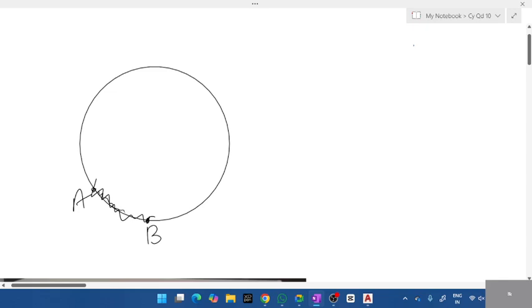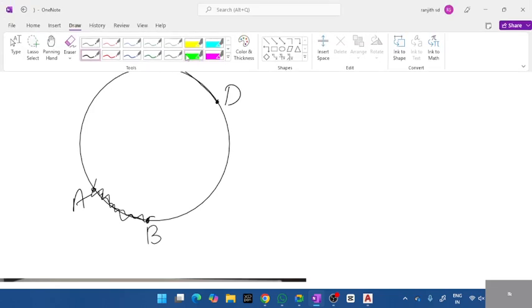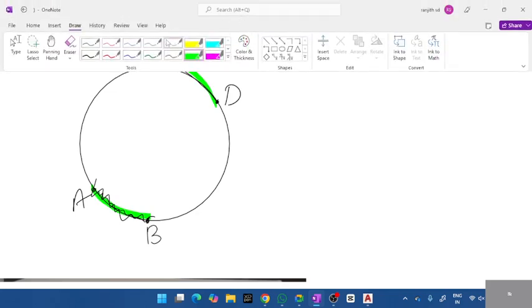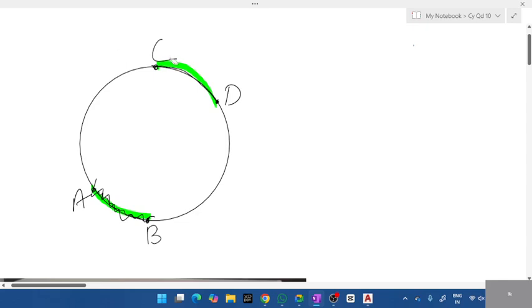Just this part? Others, I taught you. A part of the circumference, you call it an arc.